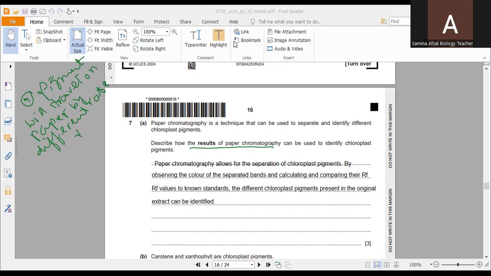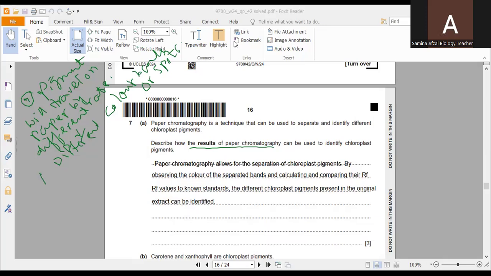Different color bands or spots will appear on the paper, with the help of which we can identify the different pigments which are present in the chloroplast.